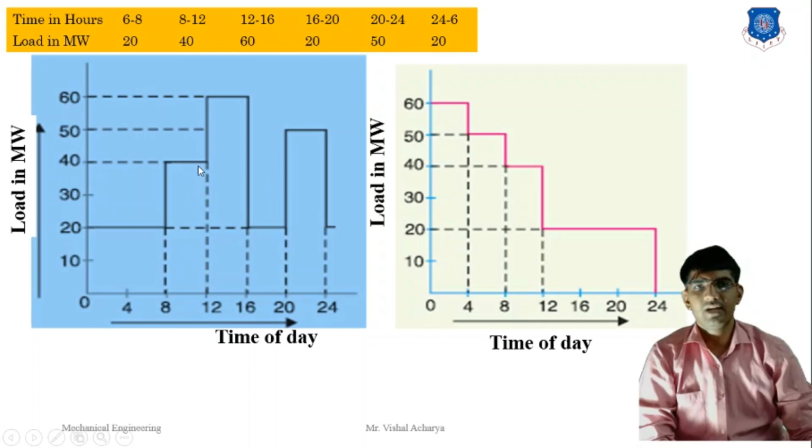Next, 40 megawatt from 8 to 12, 4 hours. And last, 20 megawatt for 0 to 8 and 16 to 20 means a total of 12 hours, so 12 to 24 hours at 20 megawatt.